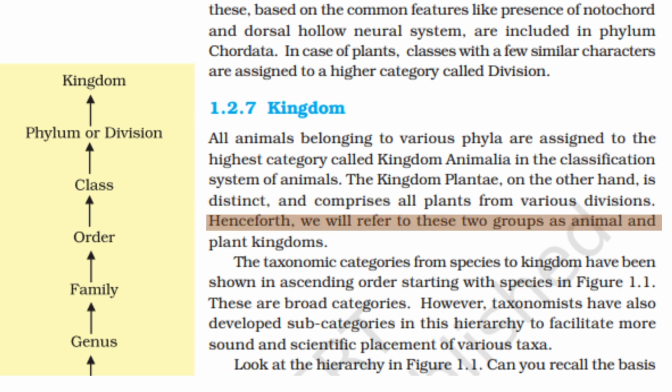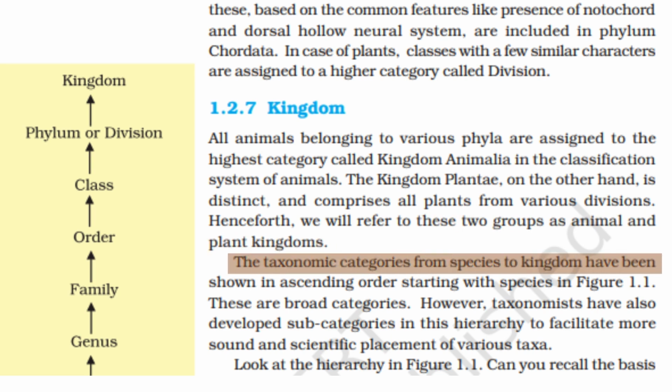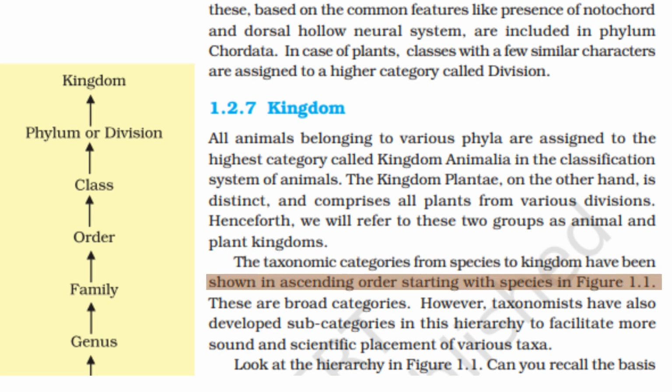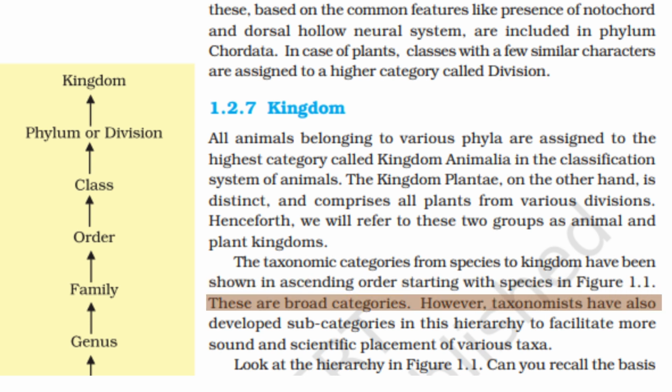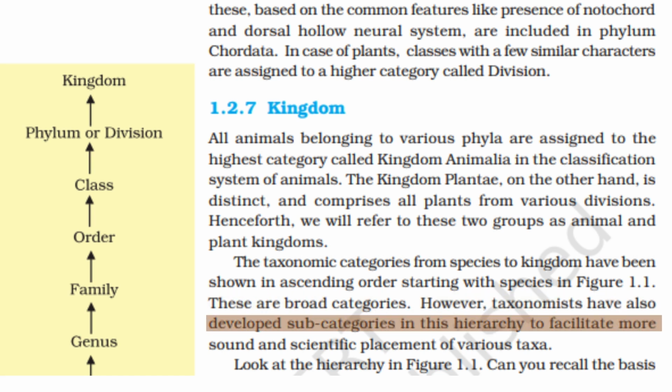Henceforth, we will refer to these two groups as animal and plant kingdoms. The taxonomic categories from species to kingdom have been shown in ascending order, starting with species, in figure 1.1. These are broad categories. However, taxonomists have also developed subcategories in this hierarchy to facilitate more sound and scientific placements of various taxa.